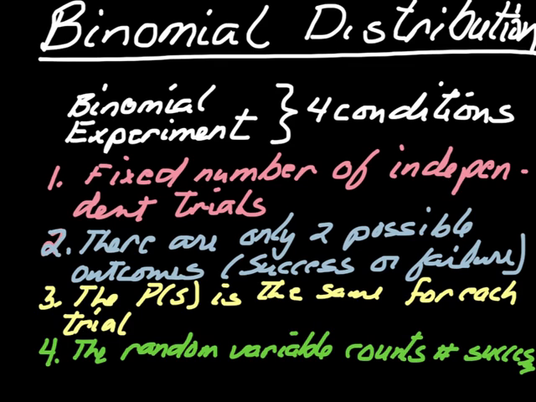So one binomial experiment would be, suppose I want to draw cards out of a deck of cards, and each time I draw a card out, I replace it back in the deck and reshuffle. What that does is that's what makes it independent, which, if you'll remember from our probability unit, independent means one thing happening does not affect the probability of the next thing happening.